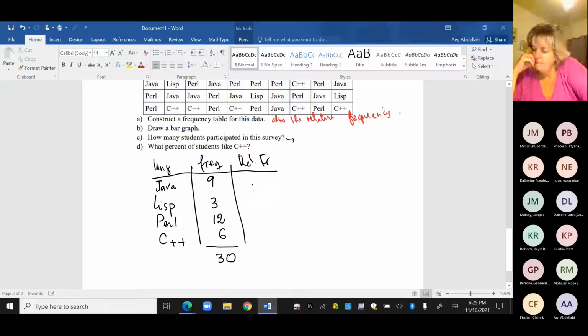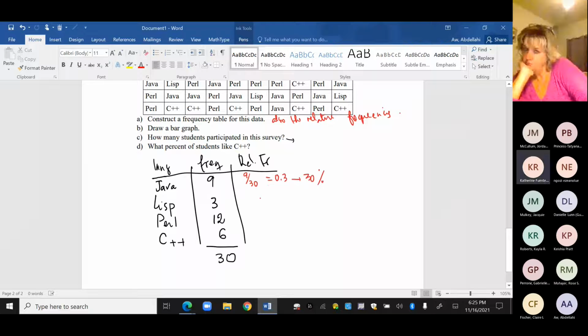Now the relative frequencies. The relative frequency for Java is what? 30%. 30% is 9 over 30, right? So 0.3, which is 30%. For Lisp, 10%, exactly 0.1, which is 10%.